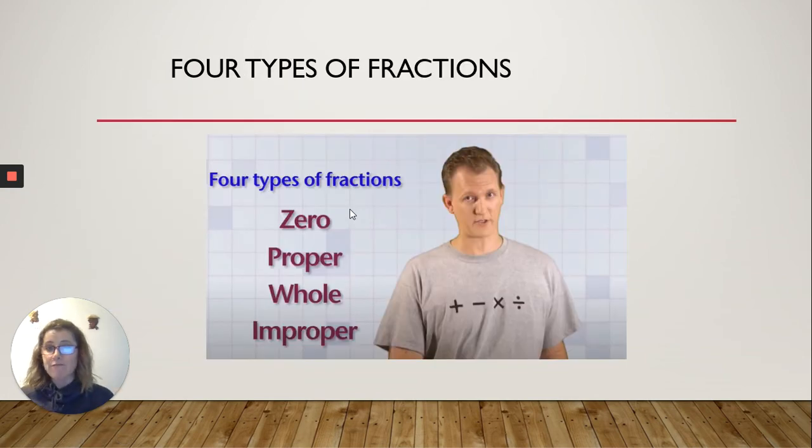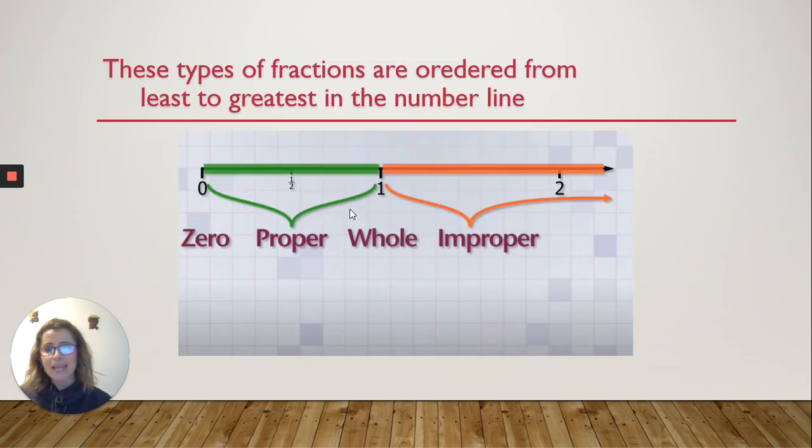Well, there are 4 types of fractions I want you to remember: the zero fractions, the proper fractions, the whole fractions, and the improper fractions. These types of fractions are ordered from least to greatest in the number line. Here we have the zero fractions that are located here, okay? But these fractions are less than the ones that come here, the proper fractions. For example, 4/5 is going to be more than 0/5.